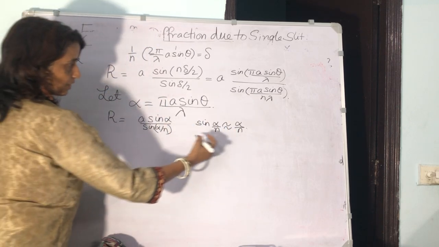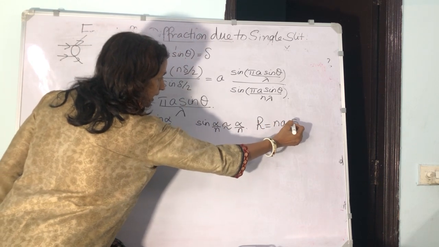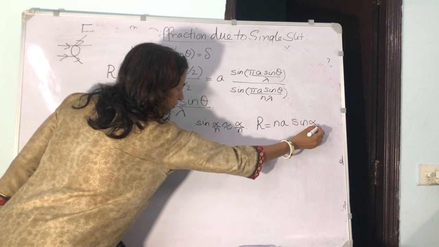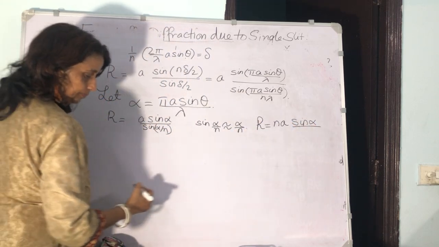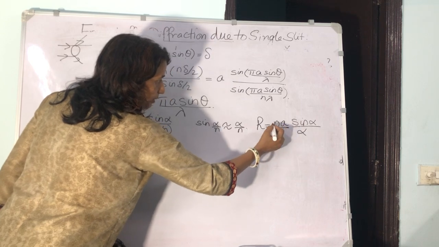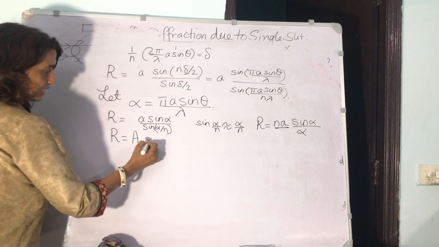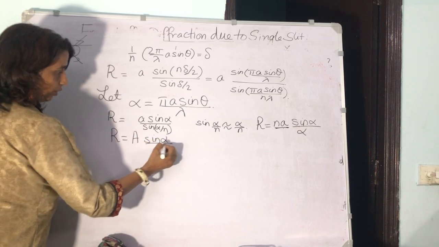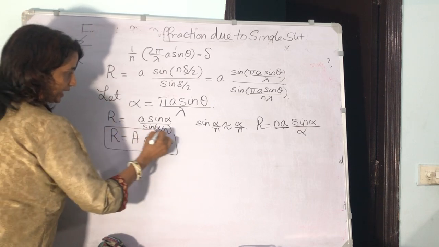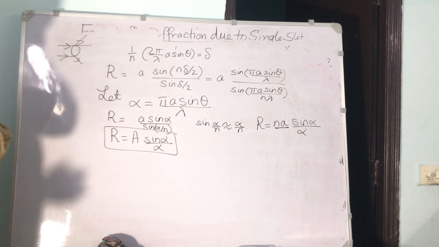So this expression becomes R is equal to n a sine alpha upon alpha, where n a can be written as capital A. So it is A sine alpha upon alpha. Complete detail of this has been discussed in the previous lecture.